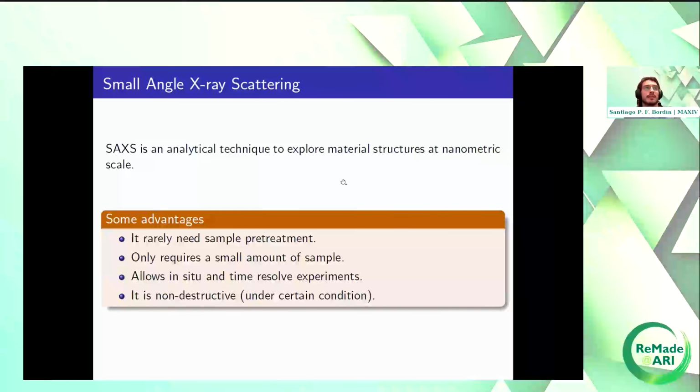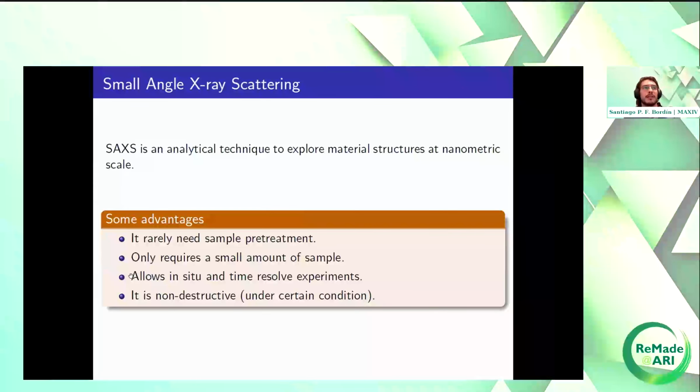And it has some advantage over other techniques, like electron microscopy, that also are useful to study this nanometric scale. For example, it rarely needs a sample pretreatment to study, only requires a small amount of sample, and we can get a lot of information with this.